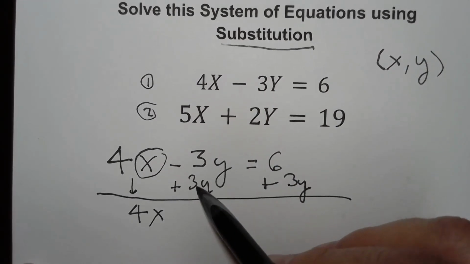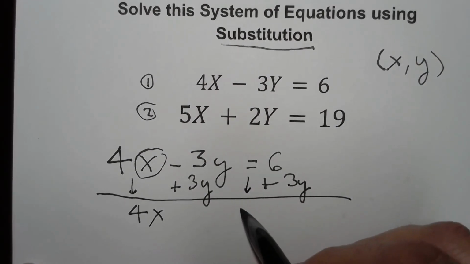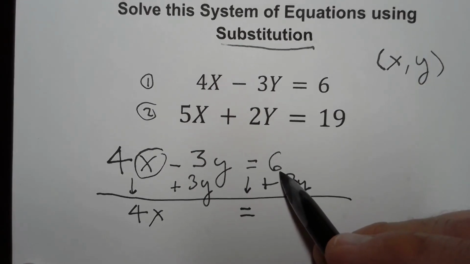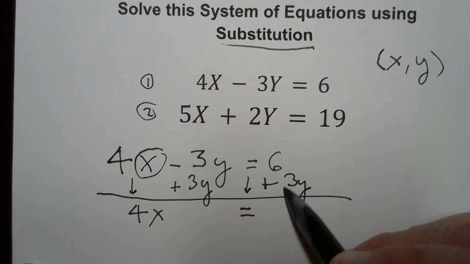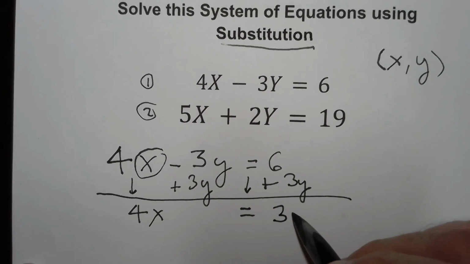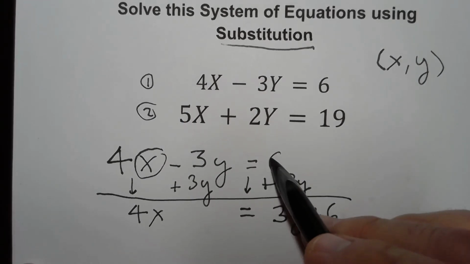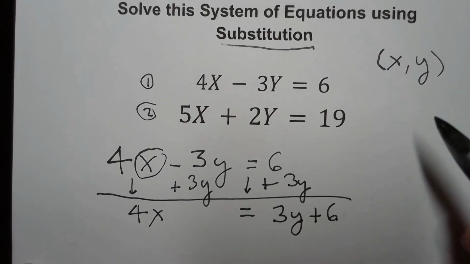Negative 3y plus 3y makes 0, so I don't need to write that. I bring down my equal sign. Then I've got 3y and I've got a 6 here. I can't combine them because this one doesn't have a y, so I just write 3y plus 6.